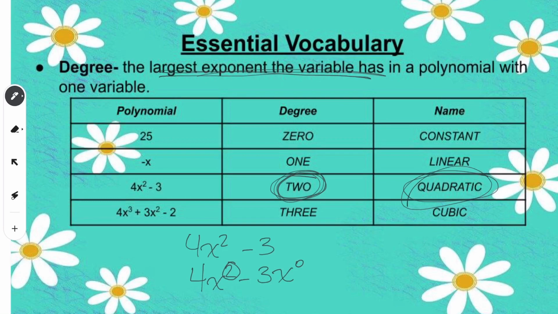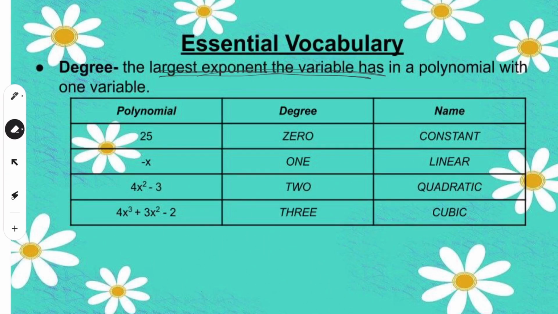This is known as a quadratic. Again, my algebra folks, we've seen this before when we were distinguishing between different types of functions. Remember, linear versus quadratic versus exponential. Everybody else, this is a quadratic because the highest exponent is 2. So 4x squared minus 3 has a degree of 2 and is known as a quadratic.